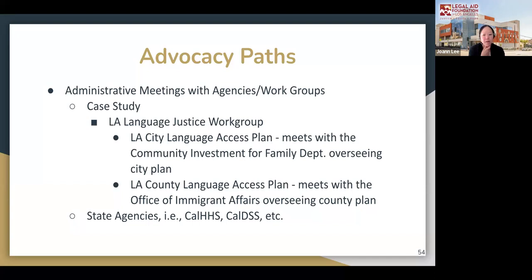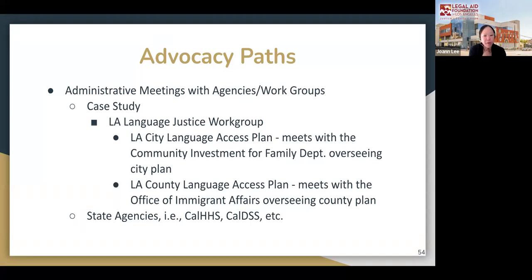As those plans are being developed, as practices are being rolled out and implemented, we have been trying to meet regularly with the leadership within both the city and the county, overseeing that process to make sure that the experiences of our community members are being included. That is something that is ongoing. We are trying to engage as much as possible.